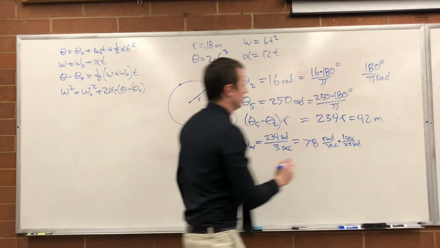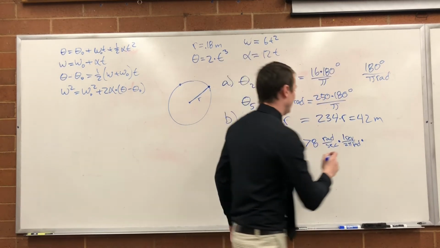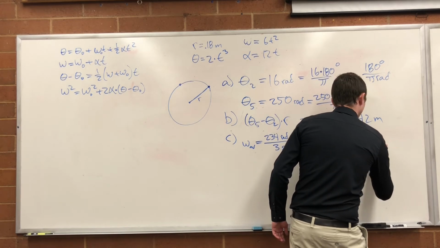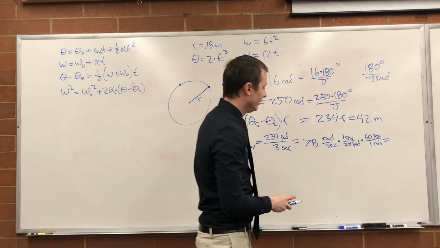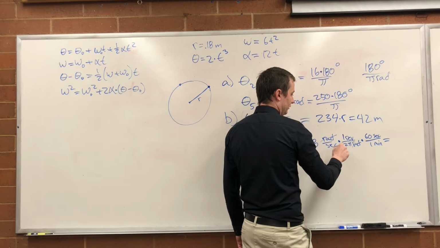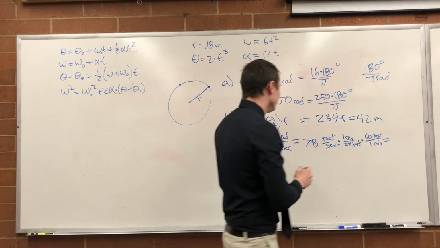Then I can multiply it by 60 seconds in 1 minute. Oh, I see. And then the radians will cancel with the radians, the seconds will cancel with the seconds, and we'll be left with revolutions per minute.